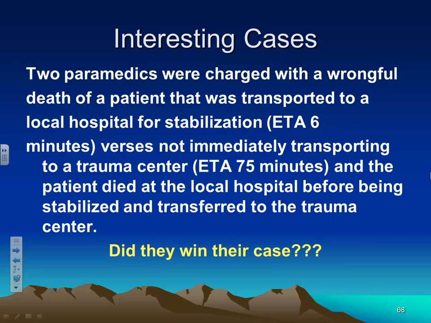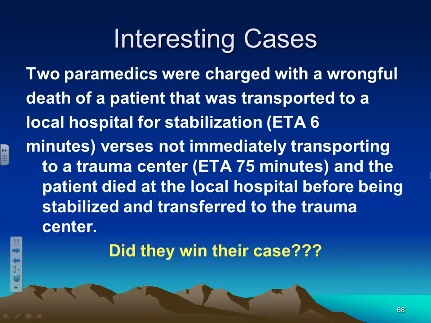Two paramedics were charged with the wrongful death of a patient that was transported to a local hospital for stabilization. They went to the closest hospital for stabilization, which was 6 minutes away, for not immediately transporting the patient to a trauma center that was an hour and 15 minutes away. The patient died at the local hospital before being stabilized and transferred to the trauma center. Did the plaintiffs win their case?